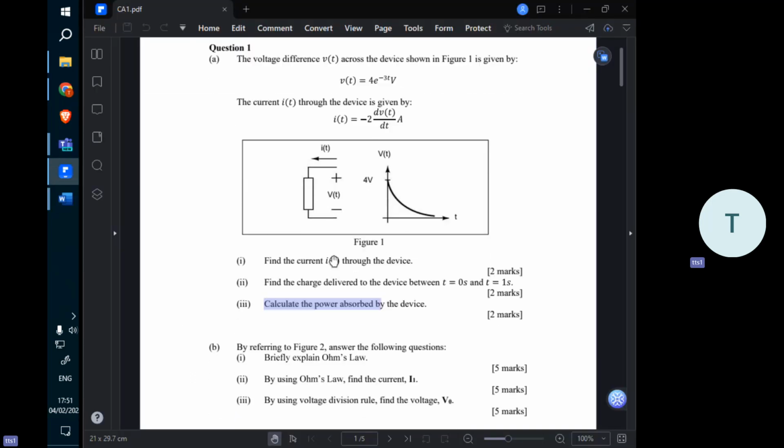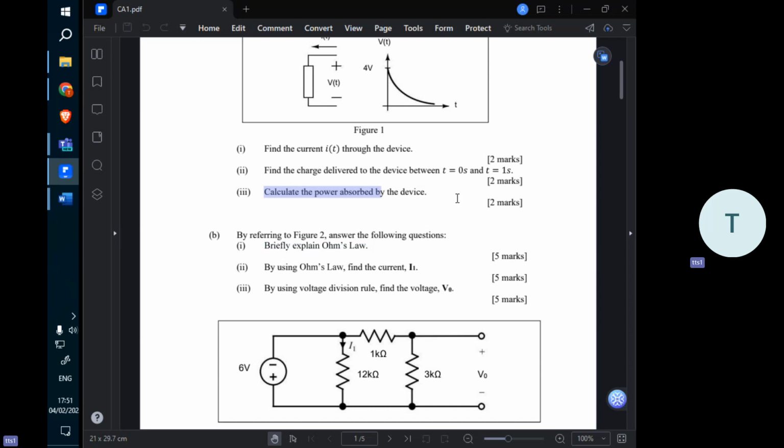And then for the part B, all right, I continue to part B. For the part B, you're going to first explain the Ohm's law. You look at the total marks is 5. Therefore, you can use English words to explain it.